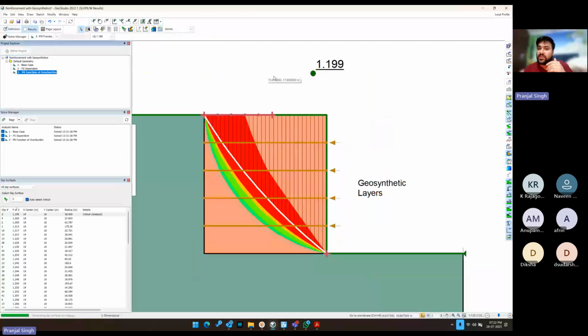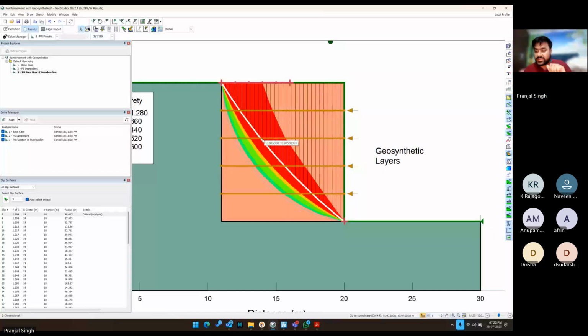This is because the geogrids at the top, 1 and 2, are not providing enough reinforcement to the soil because the normal load above is less, but the geogrids below are providing it. That's why the net factor of safety has decreased. So this is just a preliminary analysis to find out the factor of safety after reinforcing the soil.